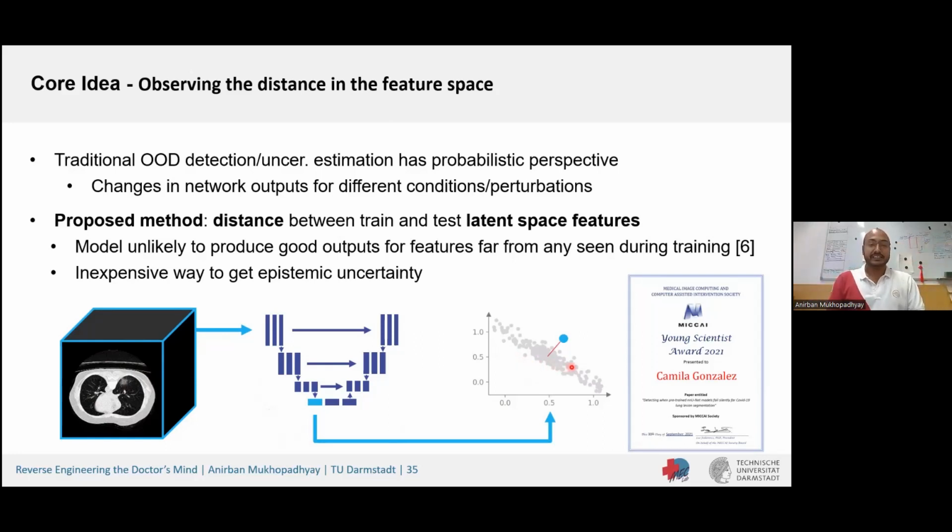When a new data set comes in, we are trying to see whether the data point is far from the typical distribution that the network has seen during training. If the data is too far away from the typical distribution, then we have no reason to believe that the network will do well for this particular data point, simply because it has not seen similar data sets before.